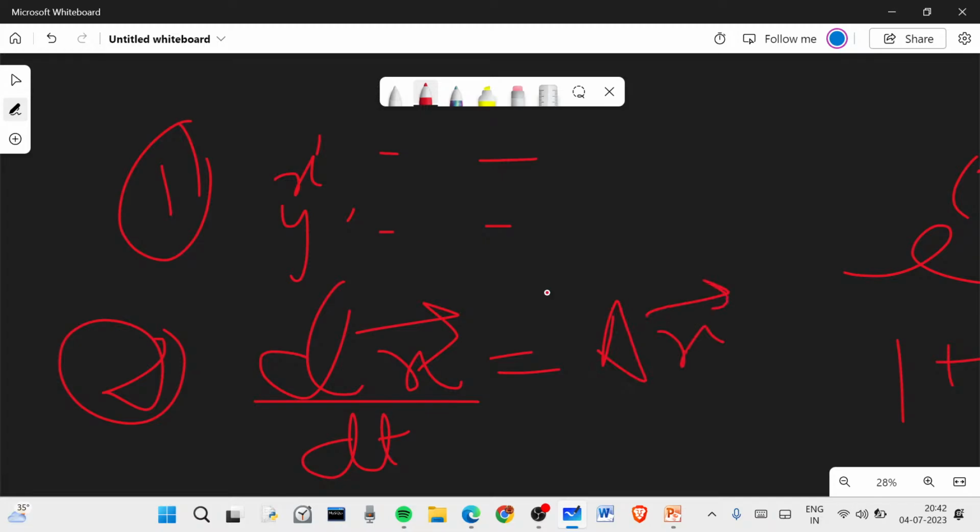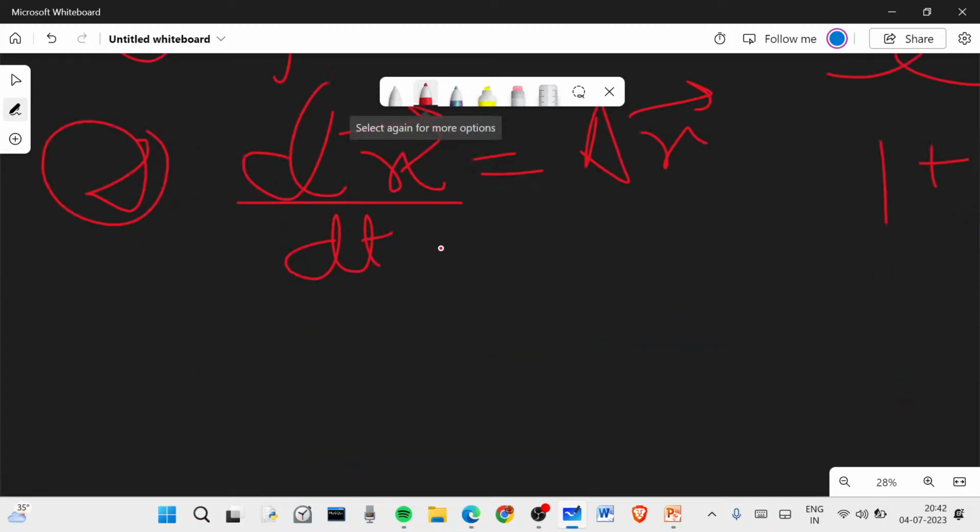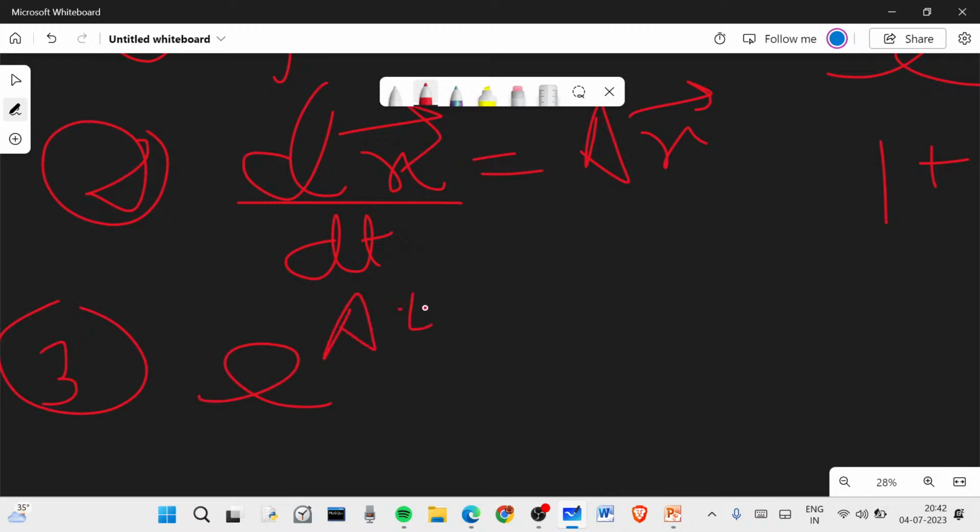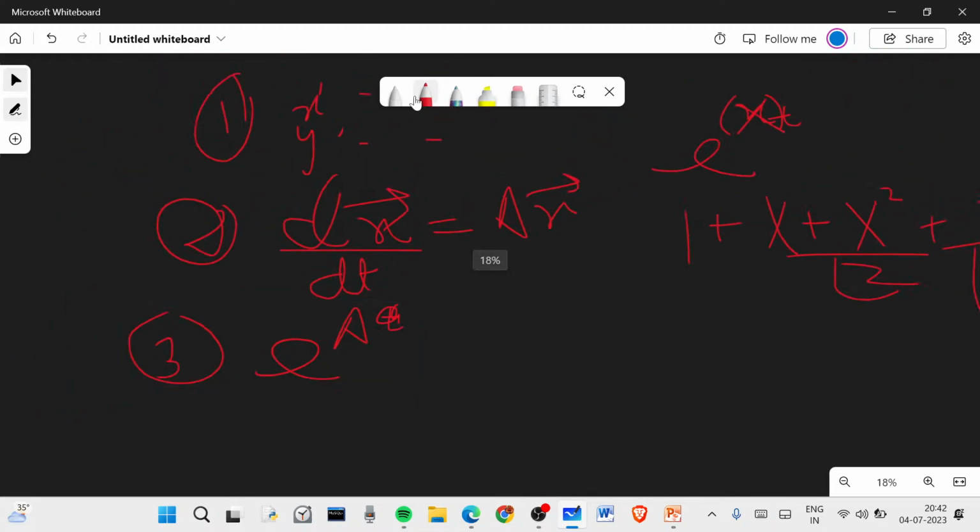I would write it like a vector, but it is a matrix from my end, because in my future consideration I would convert this vector into a system of vectors, and hence a matrix. And the third thing is making sense out of a to the power at, where a is a matrix, or just e to the power a. So these are our three missions.